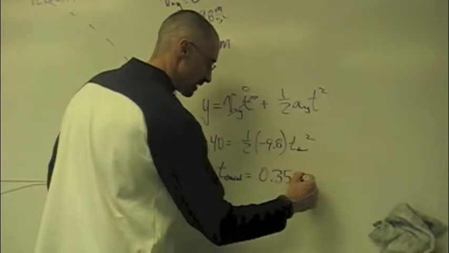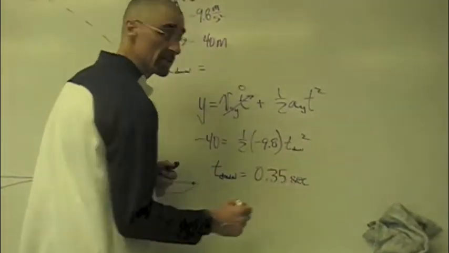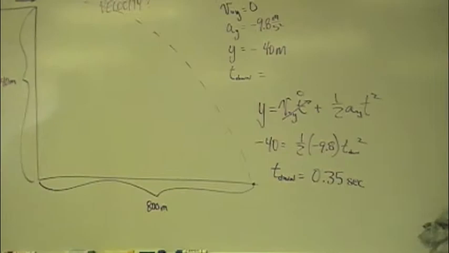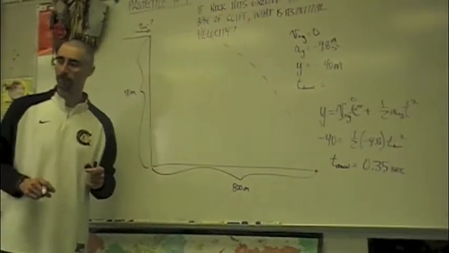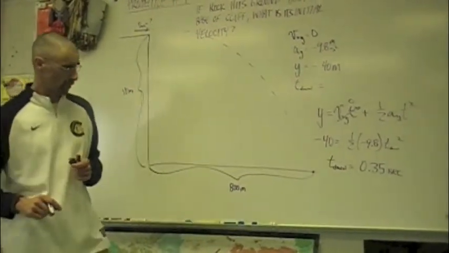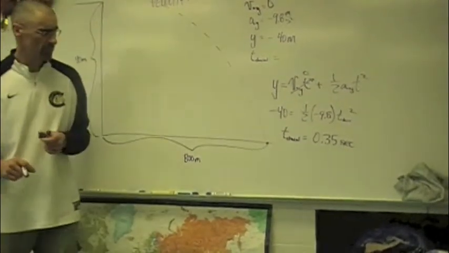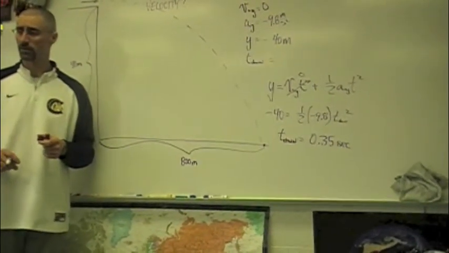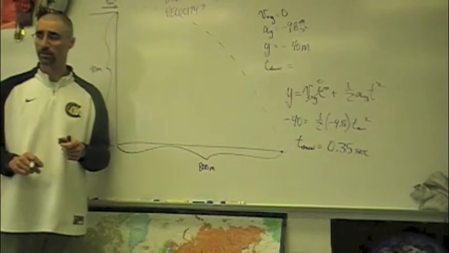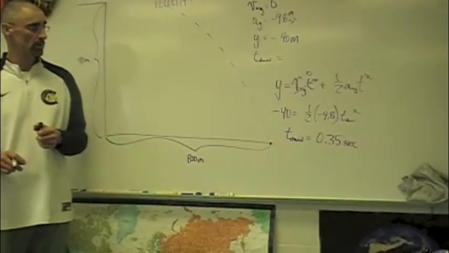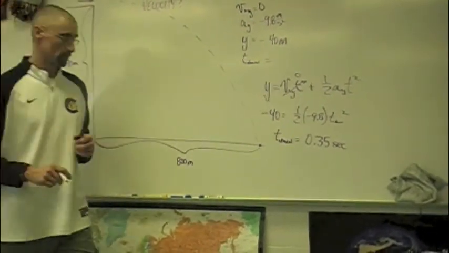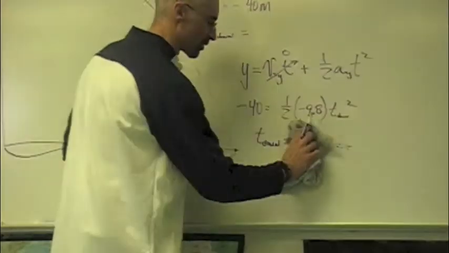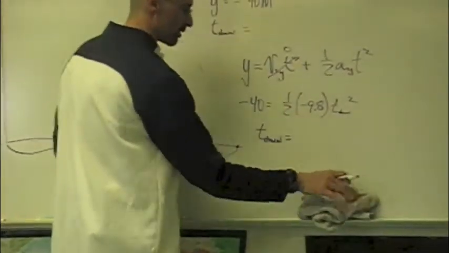Now guys, can I get some verification on that? Anybody verify that for me? 40 divided by 4.9, take the square root of that. I got 2.86. Okay, that sounds a little bit more like what I'm looking for.